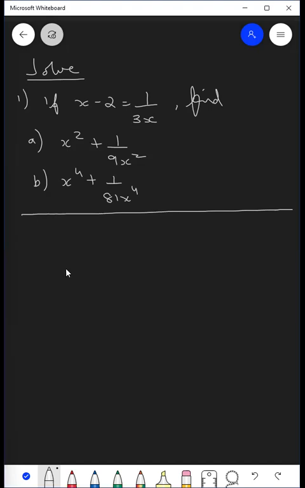Ishan, let's do all this. What is the missing information that we need to find in order to find this? x minus 1 upon 3x or x plus 1 upon 3x, either of the two? We're given x minus 2 is equal to 1 upon 3x.